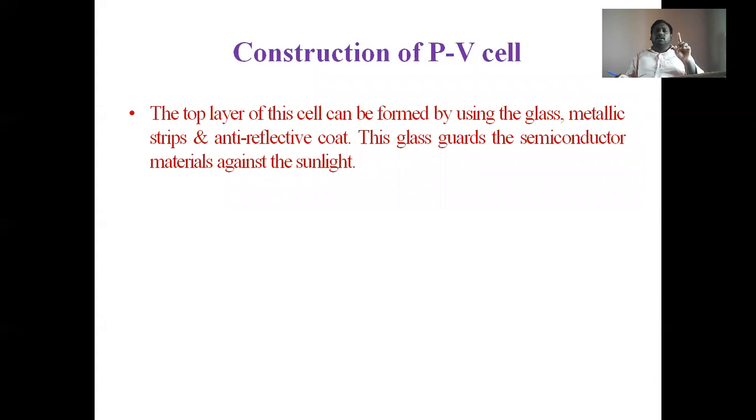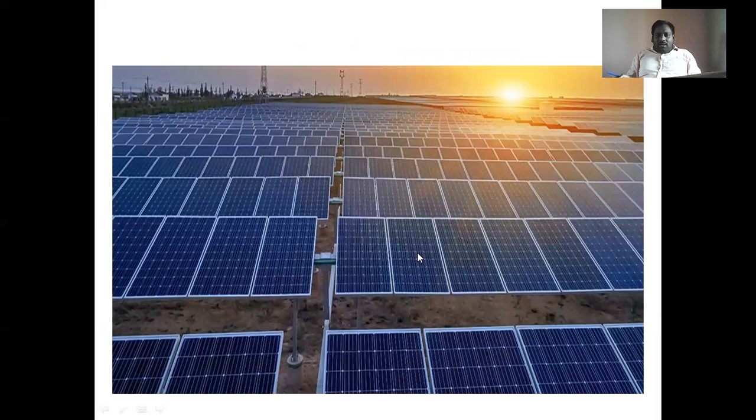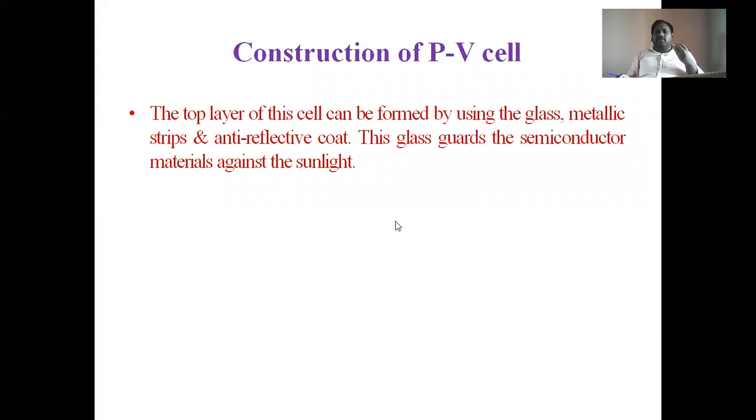The first layer is the top layer. The top layer of the cell can be formed by using glass or metallic strips and anti-reflective coating. This is the anti-reflective coating on the top side. So what is the use of this anti-reflective coating?